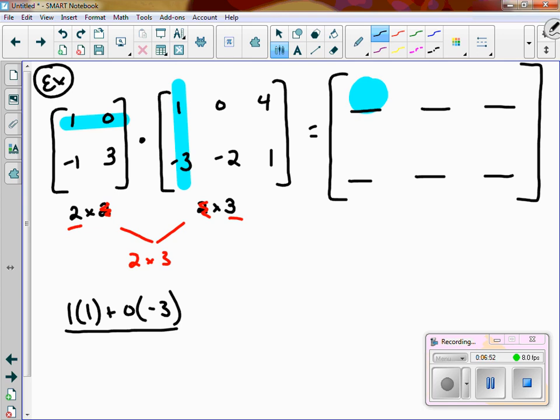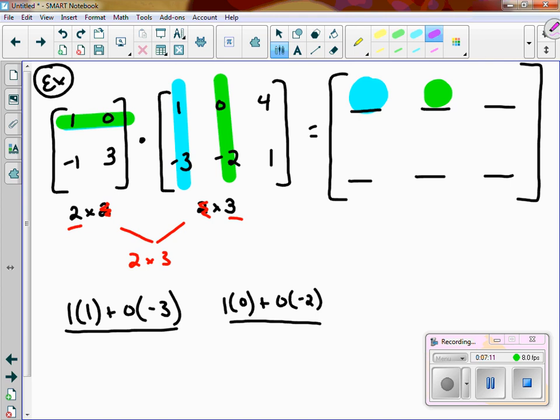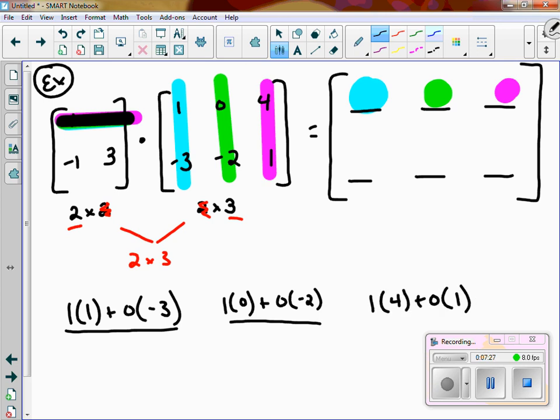Now if I move on to the next one, this spot, that's still row 1, but this time it's column 2. So I've got 1 times 0 plus 0 times negative 2. Keep going on in this fashion. This is still row 1, which I canceled out my numbers so you can't see them. Sorry, I'll erase that after I get done here. So I've got 1 times 4 plus 0 times 1.